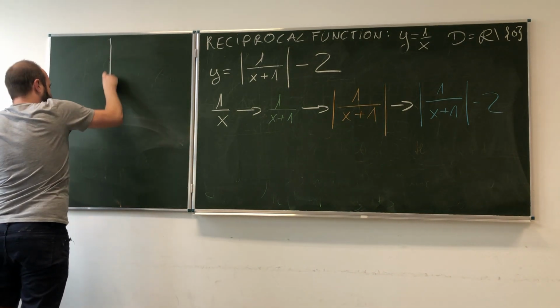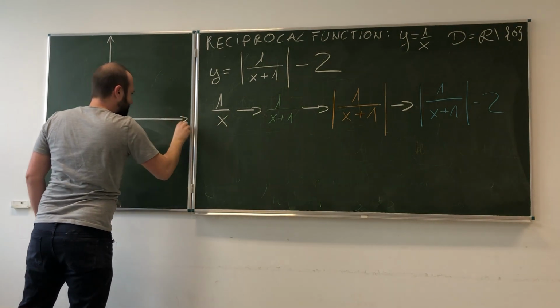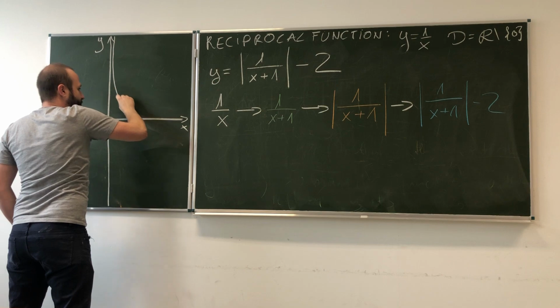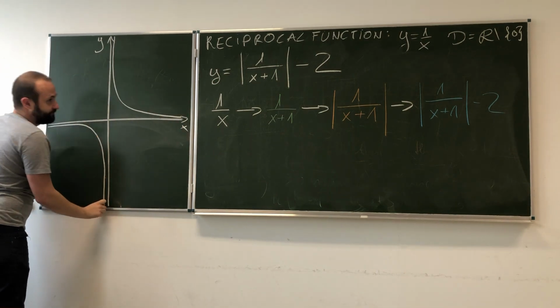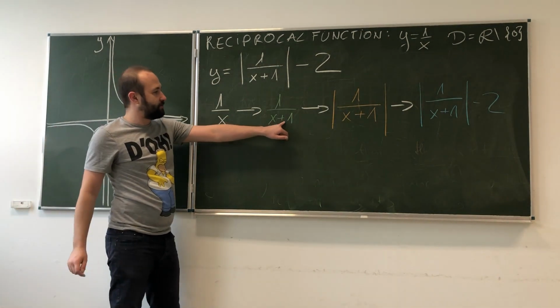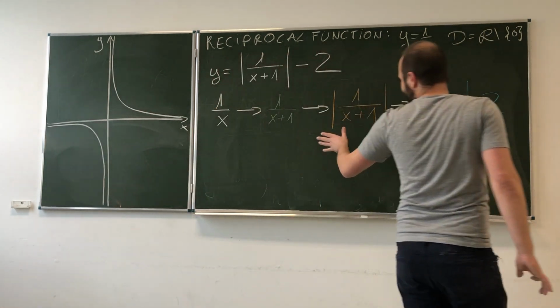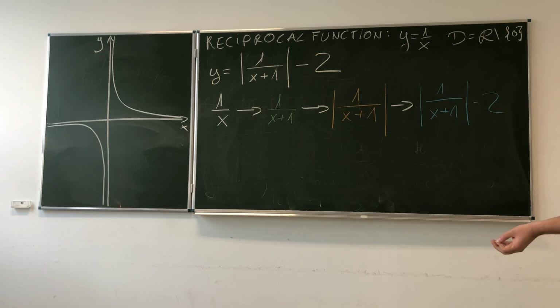First, of course, we start by drawing the Cartesian coordinate space, and we start by drawing the function y equals 1 over x. Look, the next thing we should do is to add 1 next to x. We remember, if we subtract from x, we move to the right. If we add, we must be moving to the left.